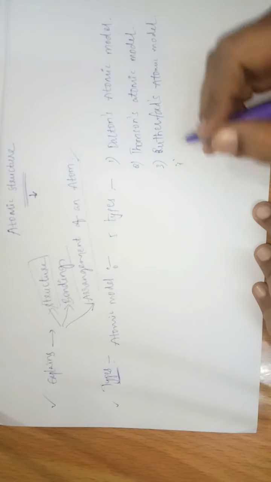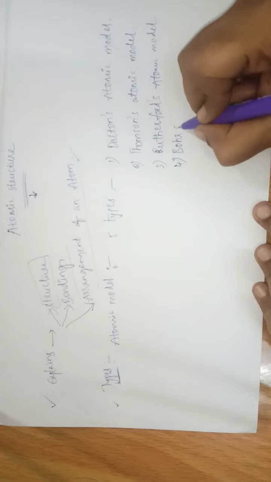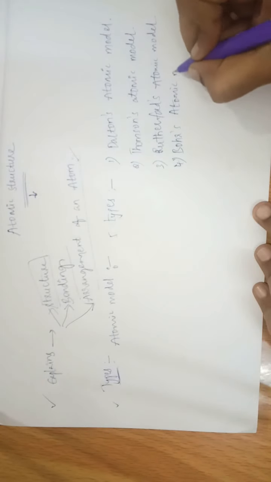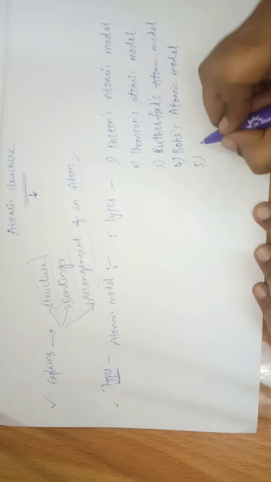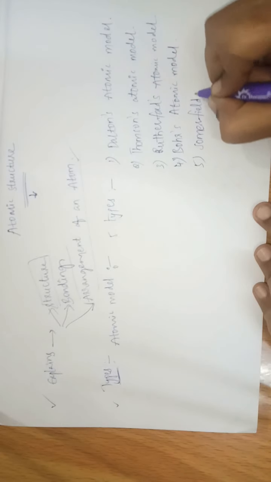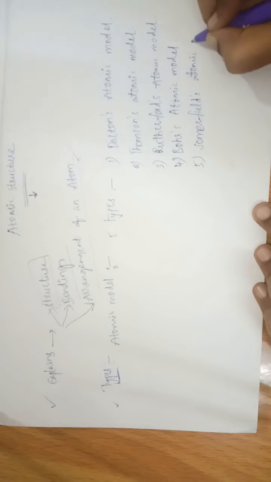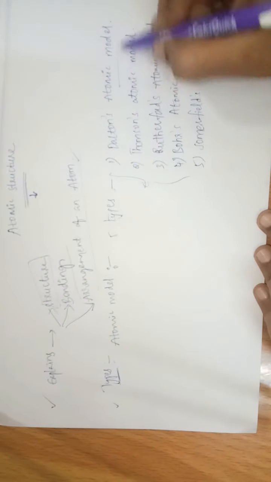And fourth one is Bohr's atomic model. And fifth, Sommerfeld's atomic model. Okay, these are the types of atomic models.